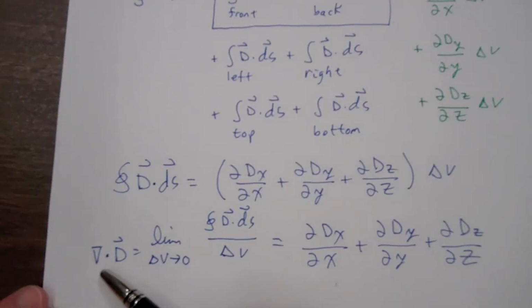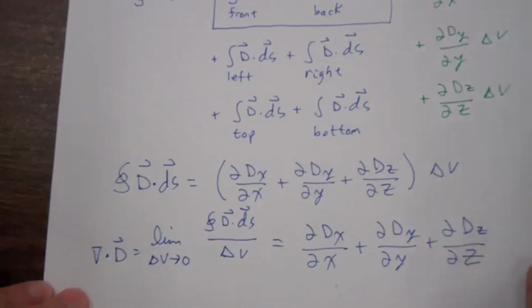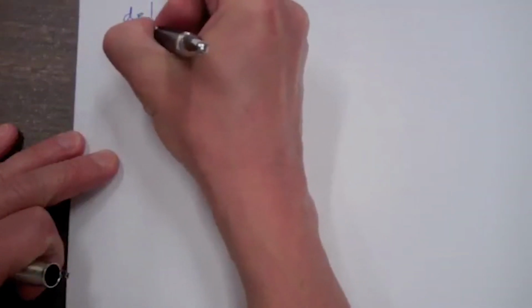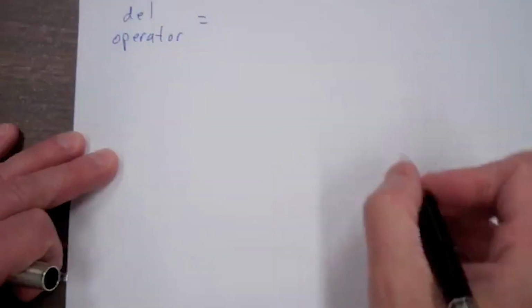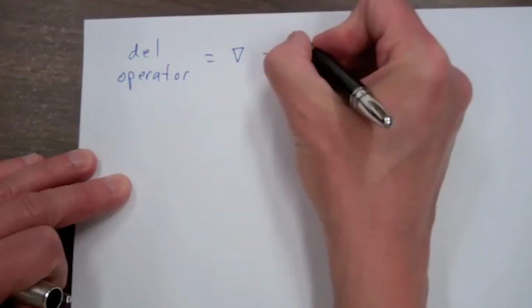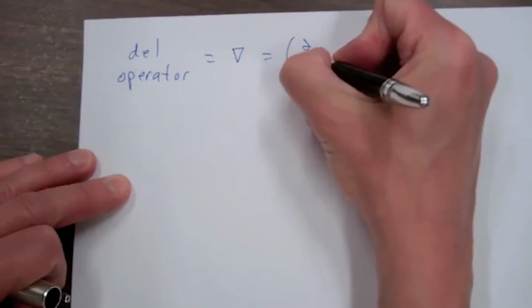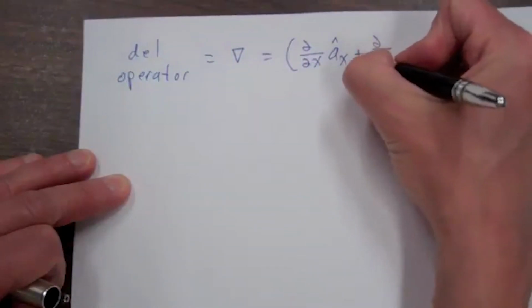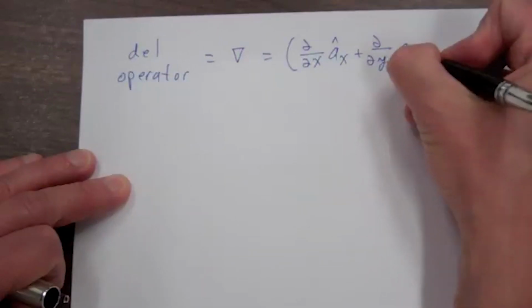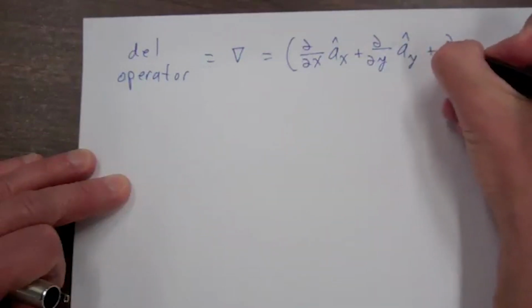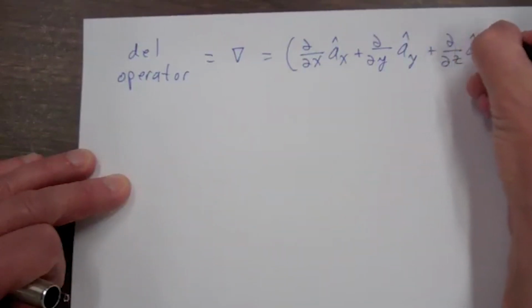Now let's see why we write the divergence as del dot D. So we're going to introduce the del operator. The del operator is given the symbol del, and it's equal to the partial with respect to x times a unit vector in the x direction, plus the partial with respect to y times a unit vector in the y direction, plus the partial with respect to z times a unit vector in the z direction.